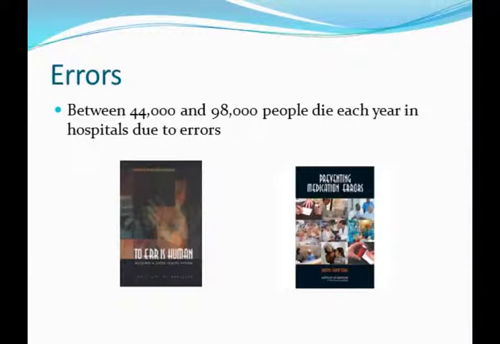Well, the total population of the United States is around 300 million. Total hospitalizations per year is 38 million. So the actual influence of fixing this problem is about 1/4% of all hospitalizations.